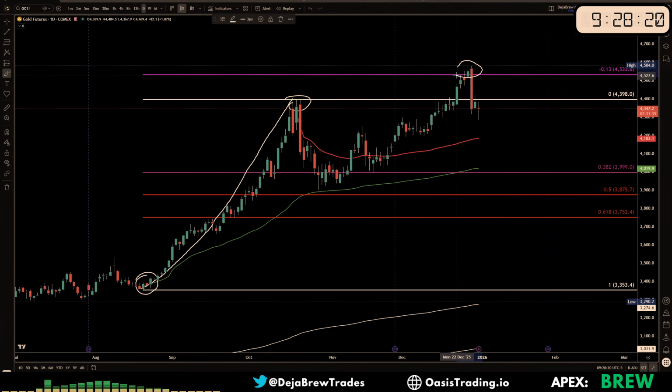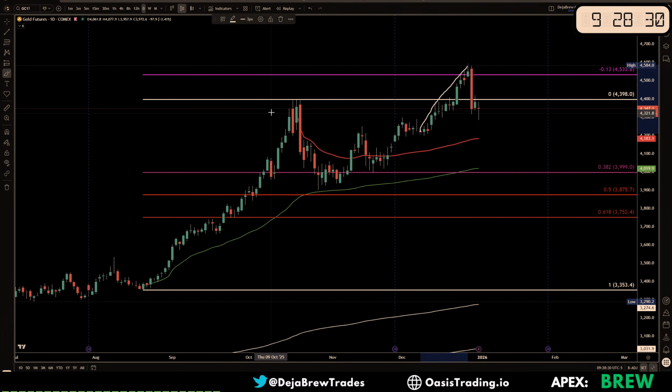And then our fake out level ended up being around 45.33, and that's pretty much exactly where we had that fake out, where it tried to break this prior high, but then it hit that level, and now we're back into that prior high. So metals are looking a little bit weak here, a little bit of a trap on that high. So keep an eye on these lower VWAPs if it does continue downward.